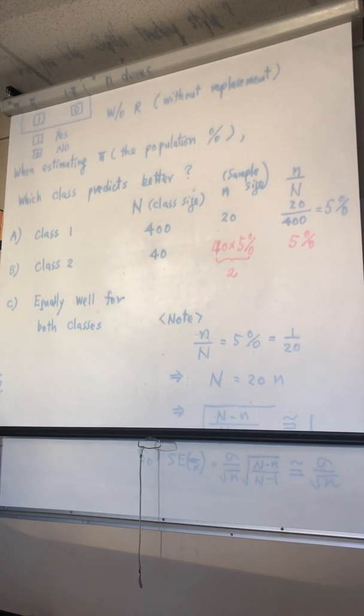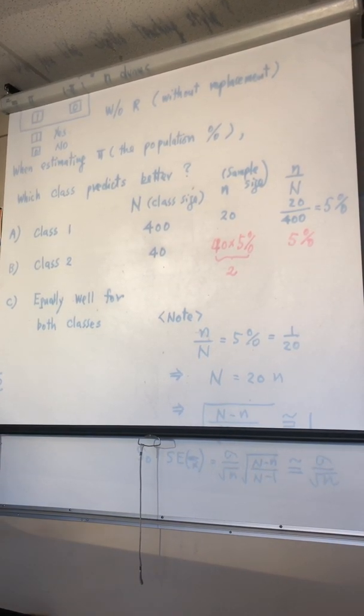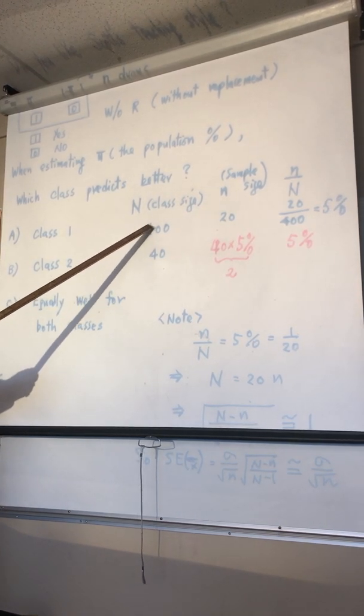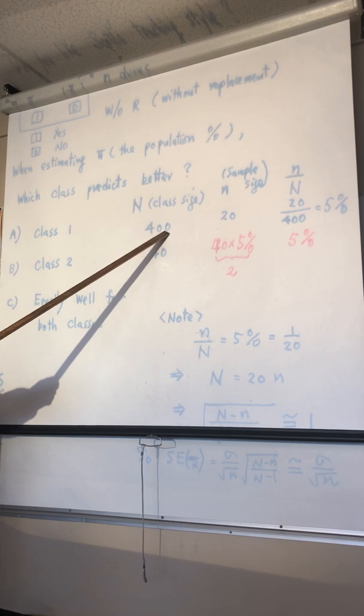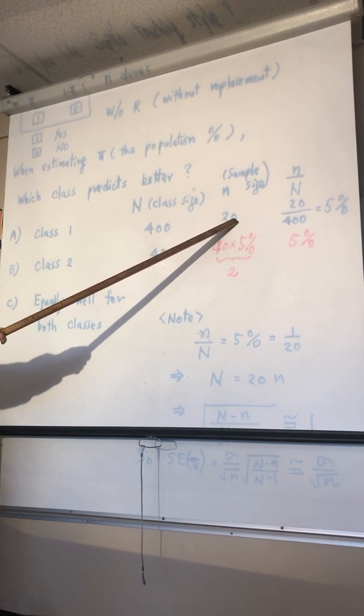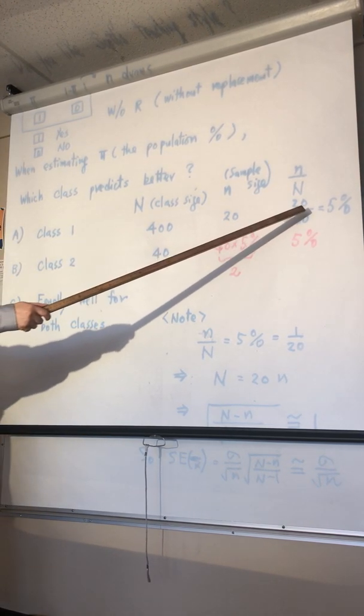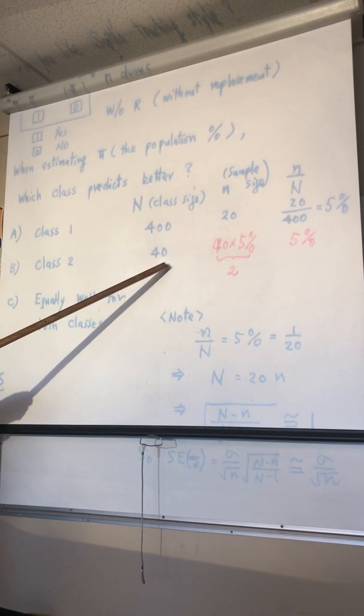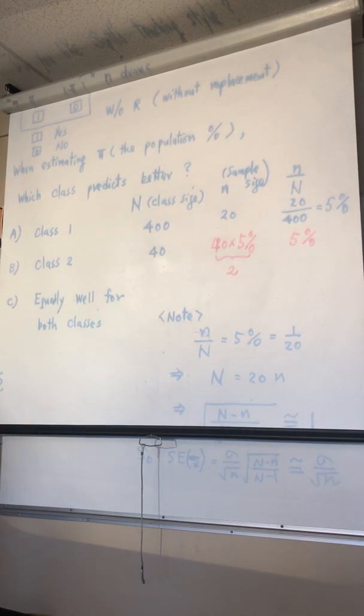That is, a person who never learns statistics would imagine that since I use 20, which is 5% of the population, in the smaller class I should also use 5% to get the same accuracy in prediction.